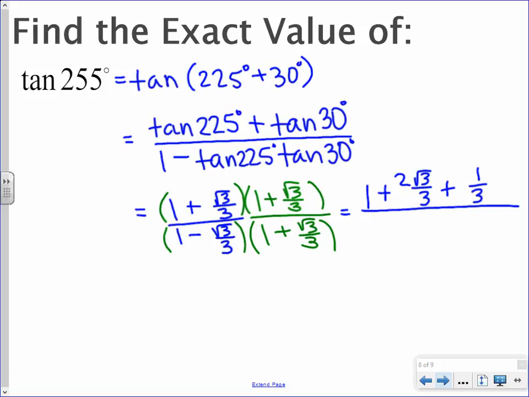In our denominator we have 1 times 1, 1 times positive radical 3 over 3 and negative radical 3 over 3 times 1. Those two cancel out. That's the whole purpose of multiplying by the conjugate. And so the negative radical 3 over 3 times positive radical 3 over 3 is negative 3/9, which is 1/3.